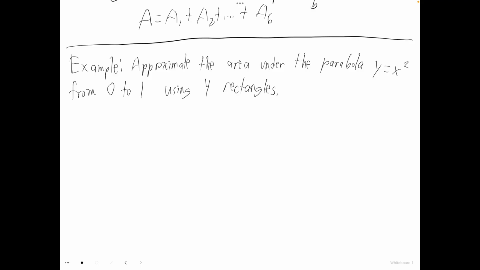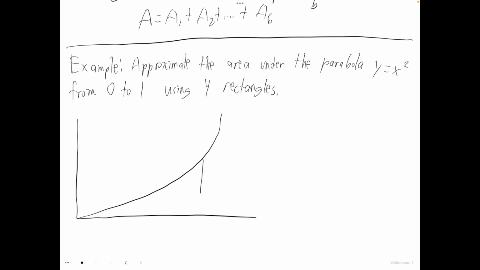If we draw this picture, the graph of y equals x squared looks something like the following. We're going to say 1 is right here, and then 0 is obviously over here. We're trying to approximate this area in blue.